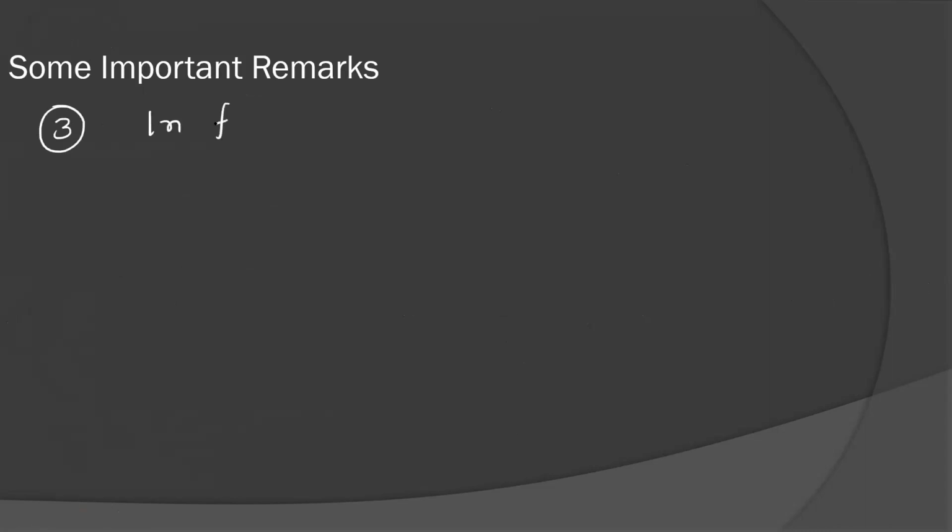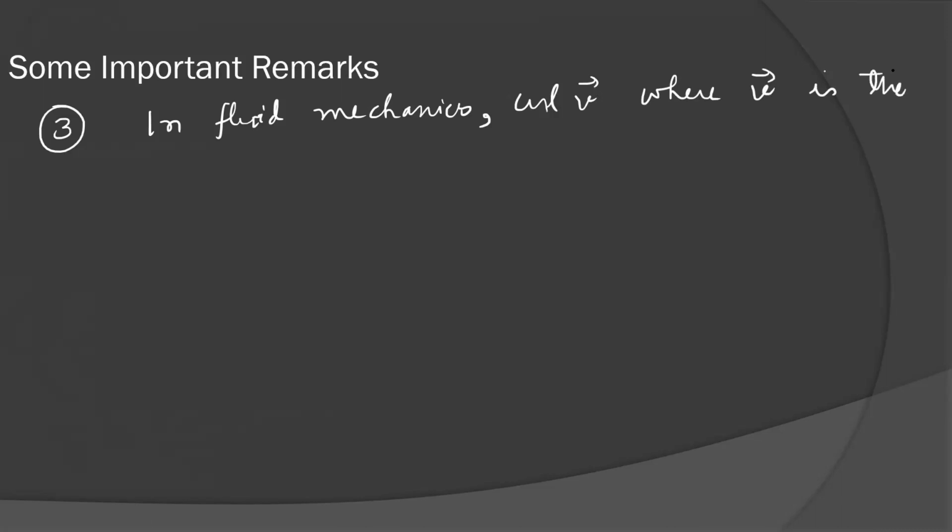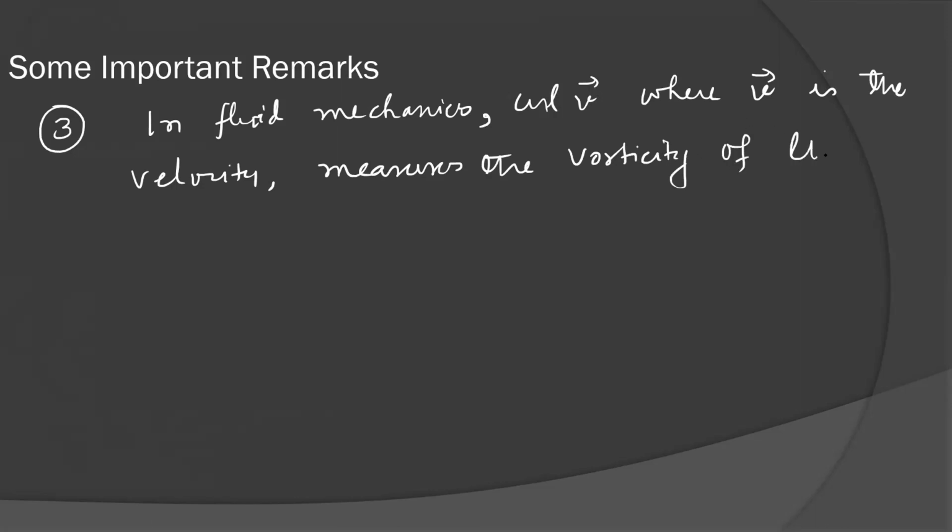In fluid mechanics, curl V, where V is the velocity, measures the vorticity of the fluid.